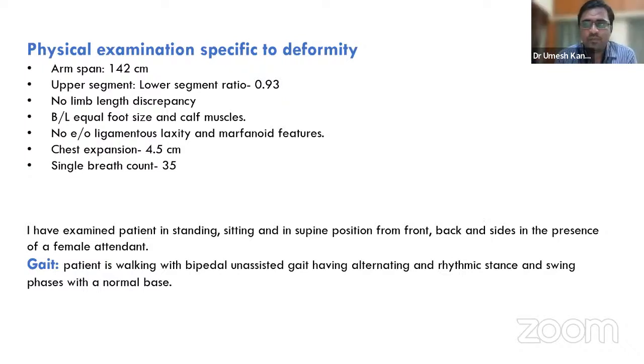No, sir. Yes or no? No, sir. So any reason why that might be happening here? Because of deformity, sir. What do you expect because of deformity? The height to be less than the arm span, isn't it? Yes, sir.